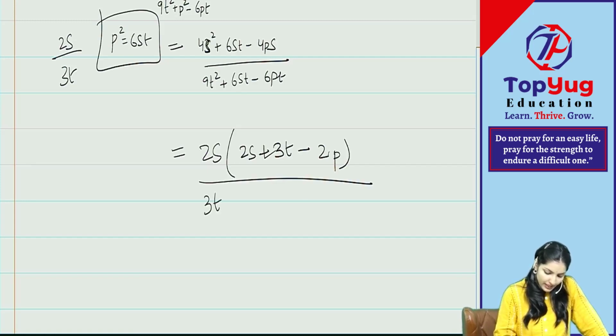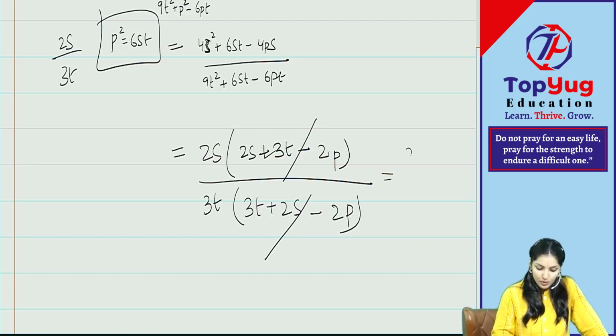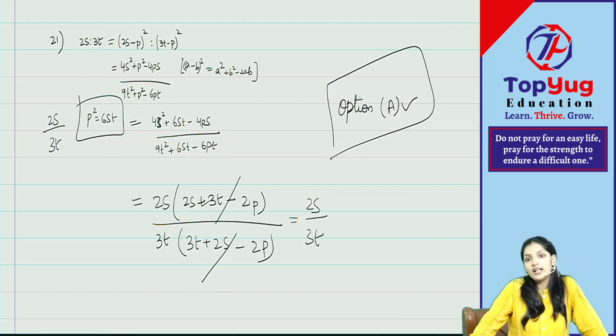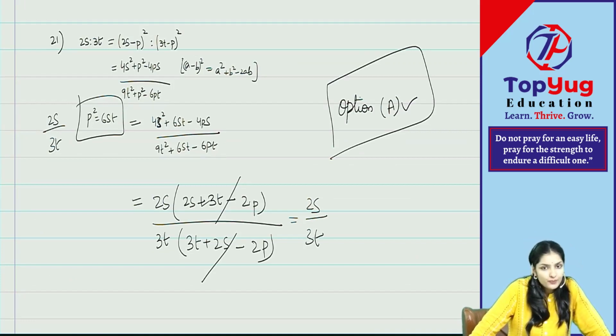Similarly, if I take 3t common, I get 3t plus 2s minus 2p. Can I cancel? I'm left with 2s by 3t. So therefore option A is the right answer. Am I clear? Okay.